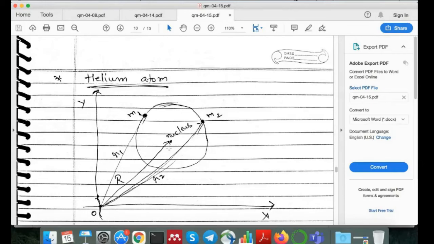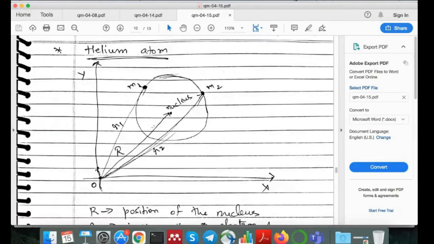The potential energy terms have to be the interaction between electron 1 and nucleus, interaction between electron 2 and nucleus, and interaction between the two electrons themselves, right? So those are the three terms in the potential energy. And then you add up all of it, kinetic energy plus potential energy, and you get the total Hamiltonian.